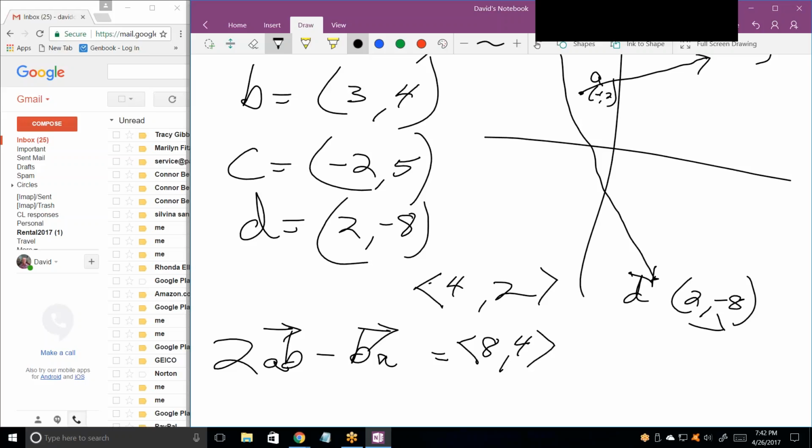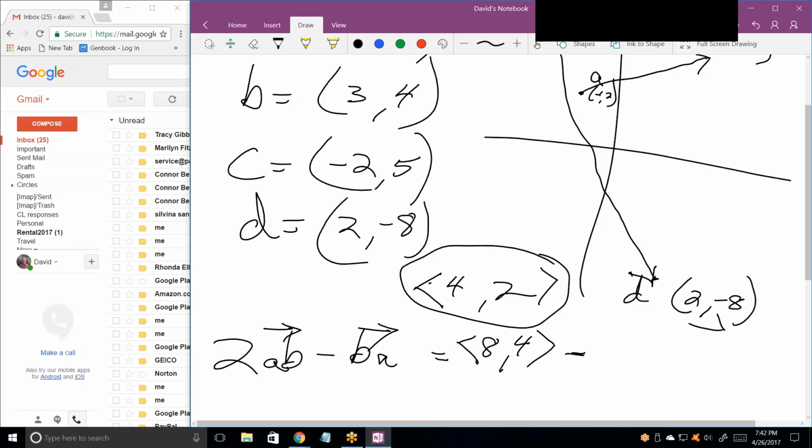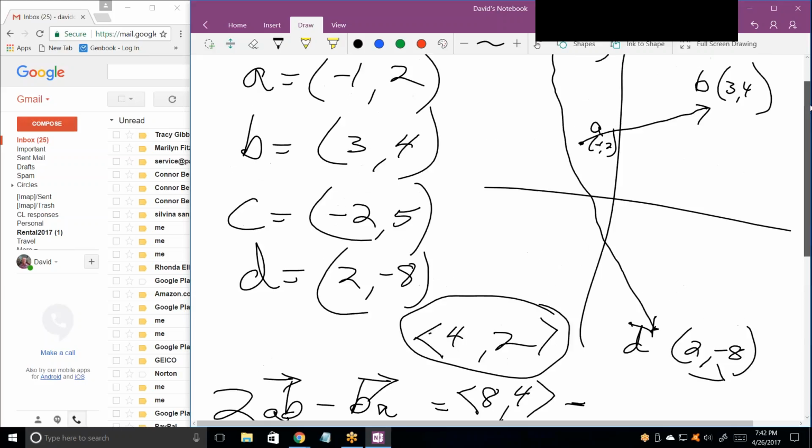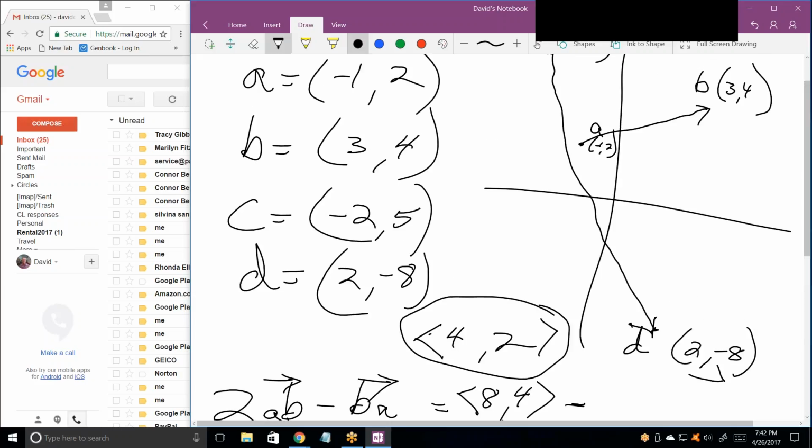That was AB. Minus BA. Well, if that's AB, then BA means going from B to A. What do you have to do to get from B to A? You got to go minus 4, and you got to go minus 2. So BA is minus 4 comma minus 2.